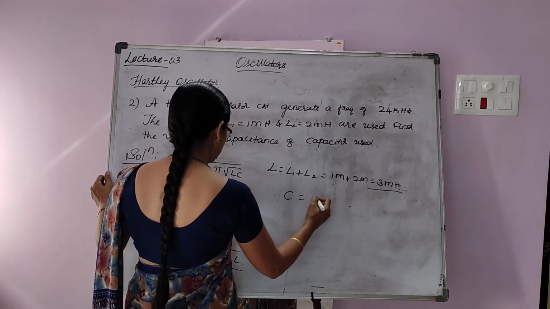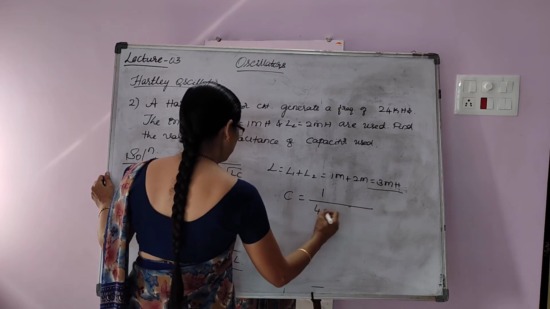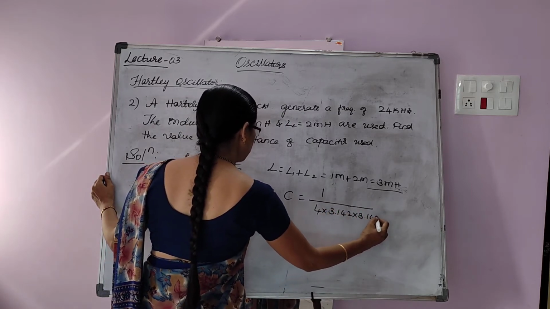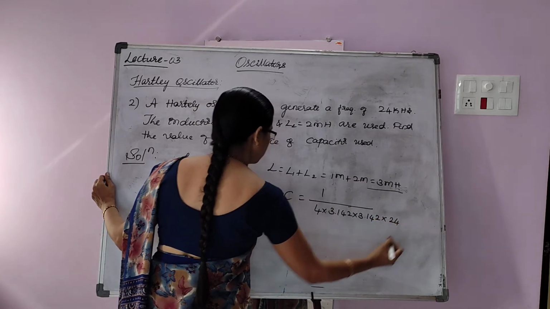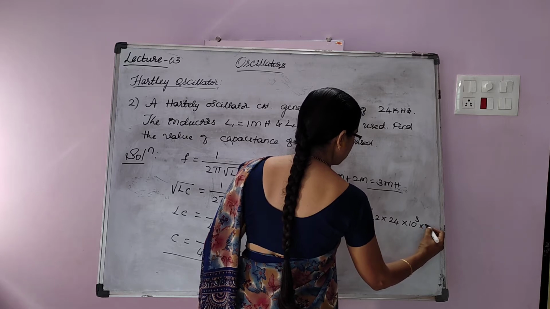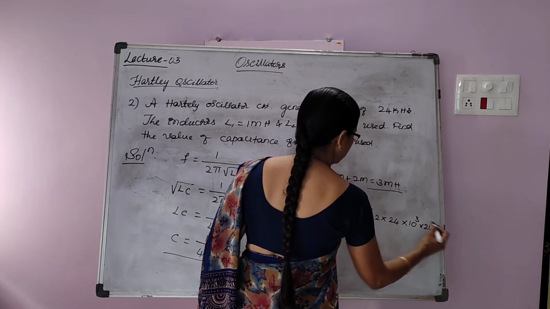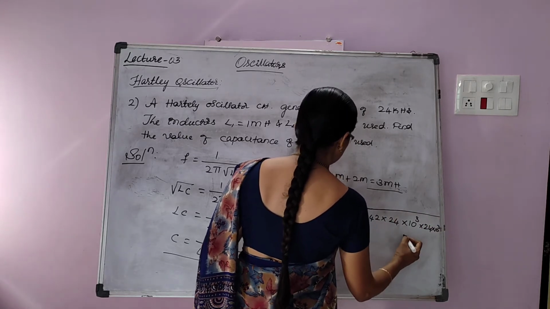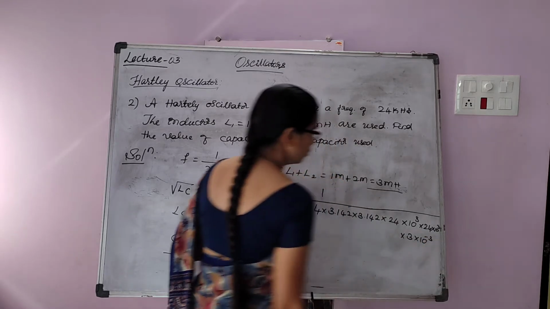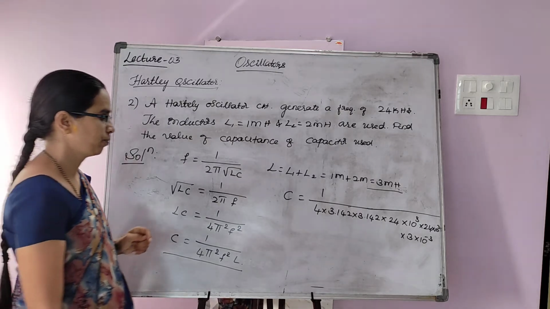So now substitute. C is equal to 4 into 3.142 into 3.142, into frequency 24 into 10 to the power of 3, and the L value is 3 millihenry, 10 to the power of minus 3.